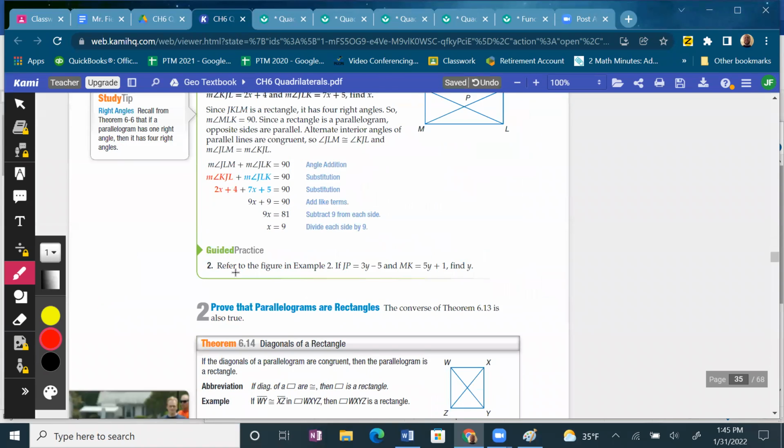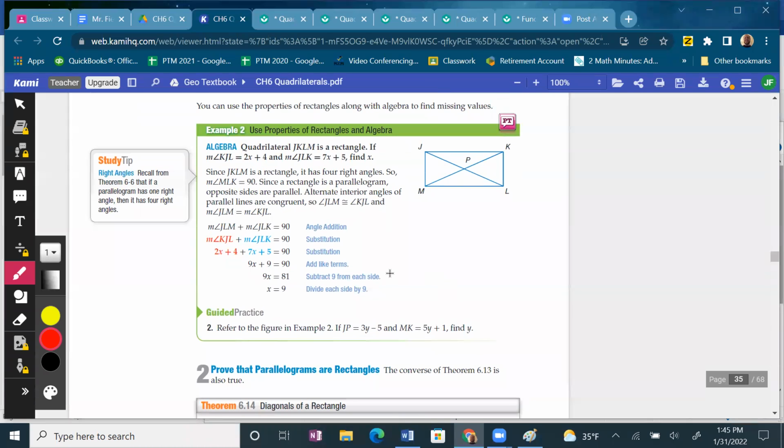Moving on. Refer to example 2. If JP equals 3y minus 5 and MK equals 5y plus 1, find y. So what do you think we're going to do? JP is 3y minus 5. Let's put that in the picture. And MK is 5y plus 1.